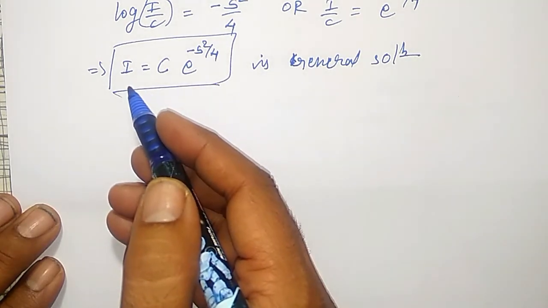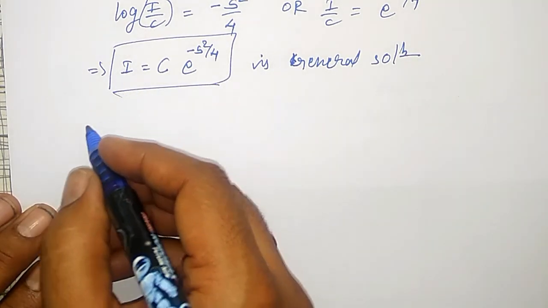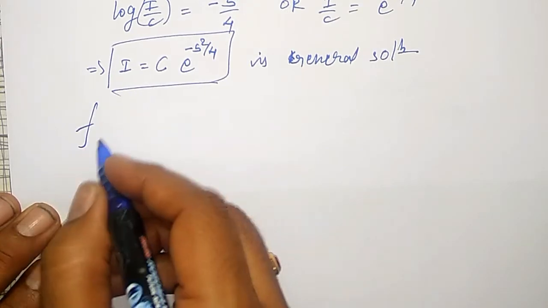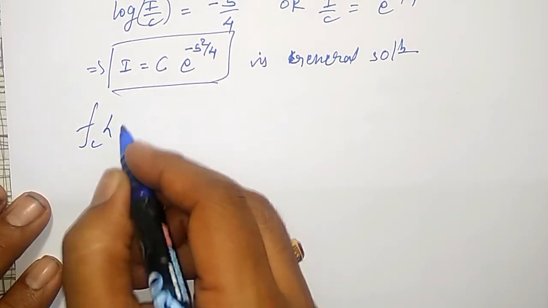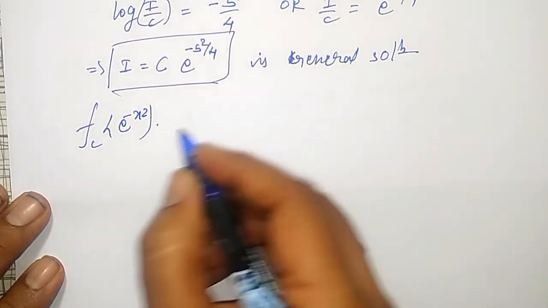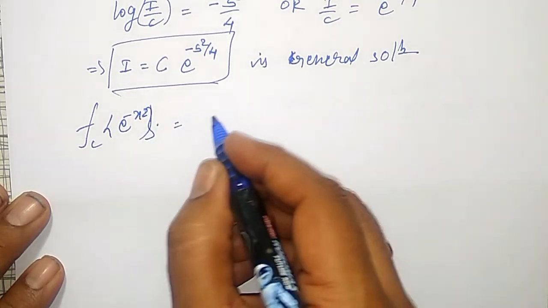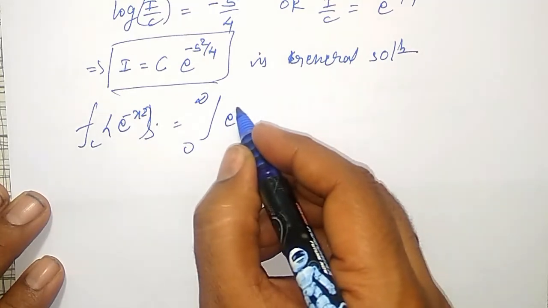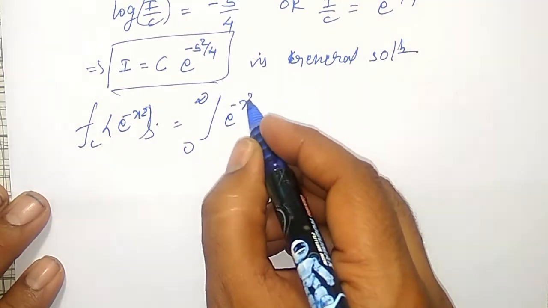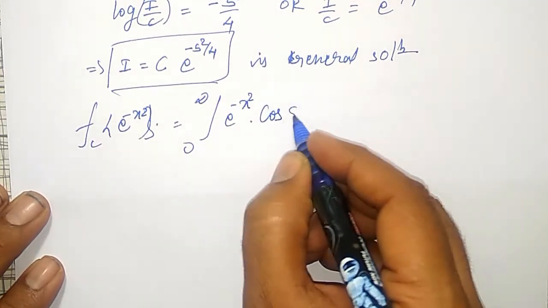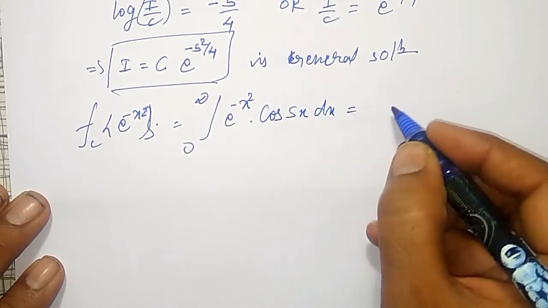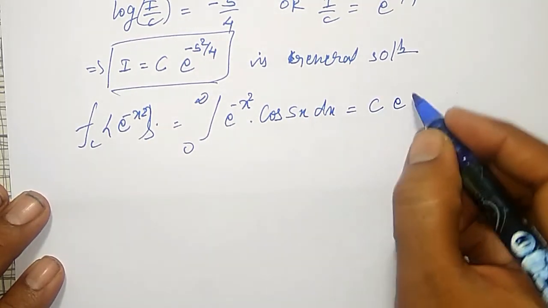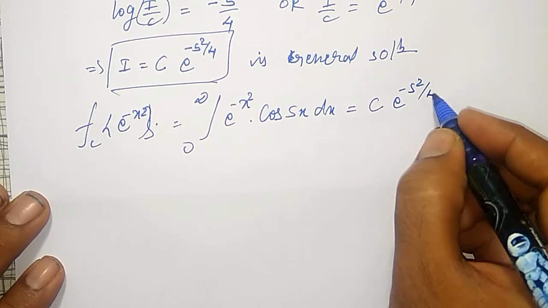This I is nothing but what I have considered here, the Fourier cosine transform of e to the power minus x square, that is equal to integration from 0 to infinity e to the power minus x square into cos sx dx is equal to c into e to the power minus s square by 4.